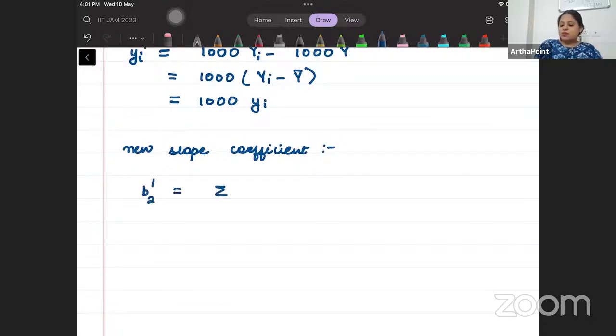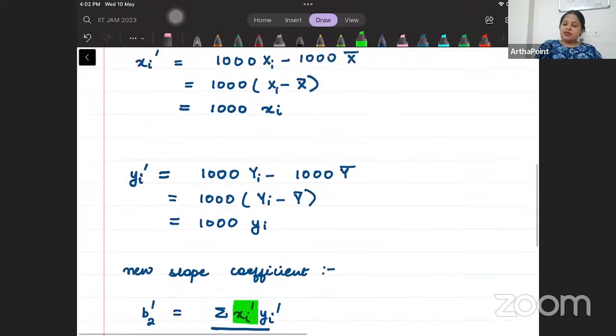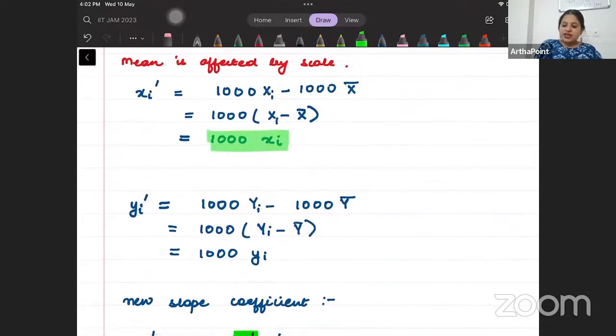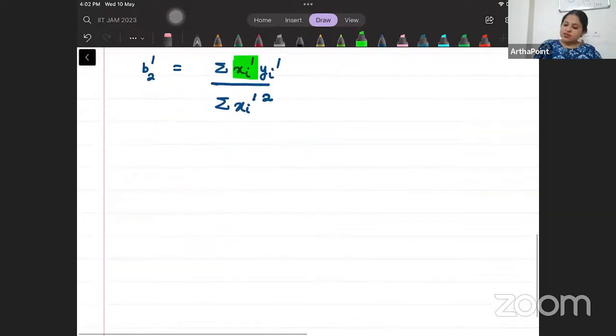This is going to be summation xi dash yi dash upon summation xi dash whole square. I am finding the slope coefficient of the regression such that each x and each y term is multiplied by 1000. But we saw that xi dash can be replaced with 1000 xi, so I can just replace it here.